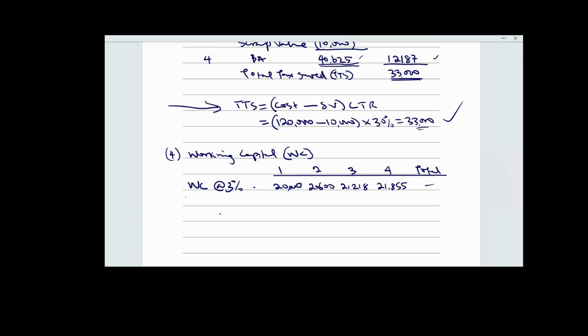You then come here, incremental working capital. The first year working capital is 20,000. It has increased to 20,600 by 600. 20,600 has increased to 21,218 by 618. 21,218 has increased to 21,855 by 637.